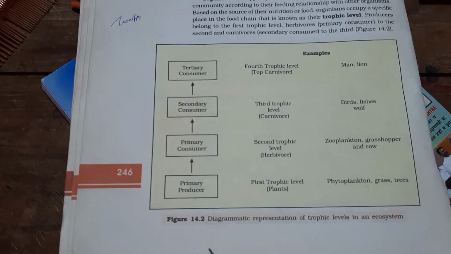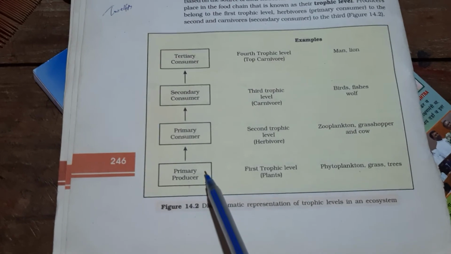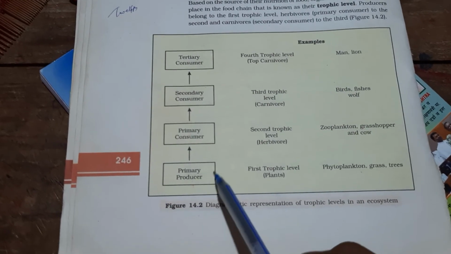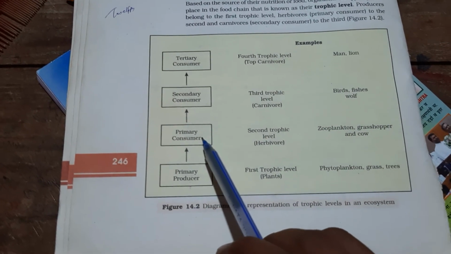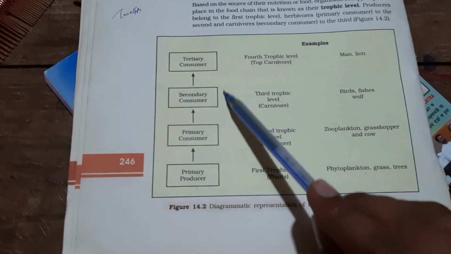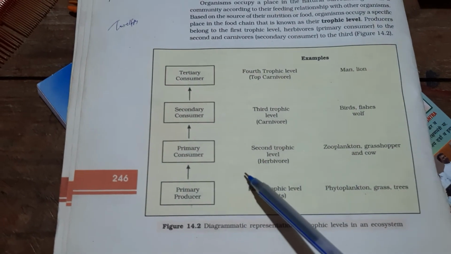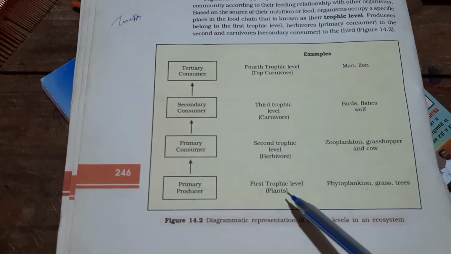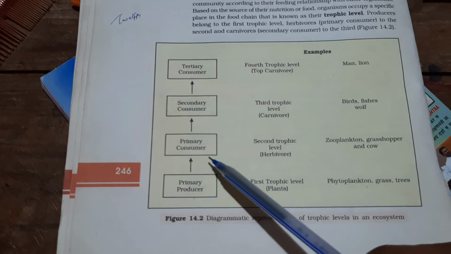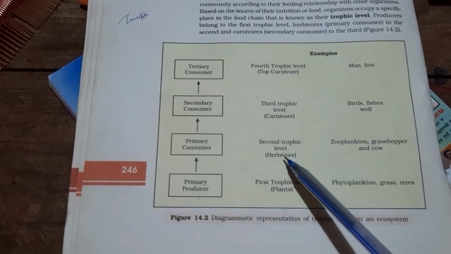So let me repeat some short things. Primary producers are consumed by primary consumers. Primary consumers are consumed by secondary consumers, and secondary consumers are consumed by tertiary consumers. Primary producers are also called plants, and the second trophic level includes herbivores.